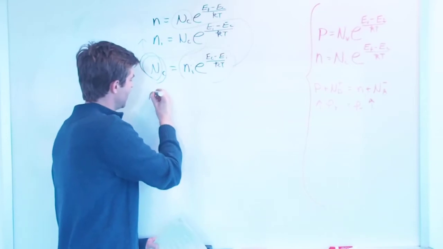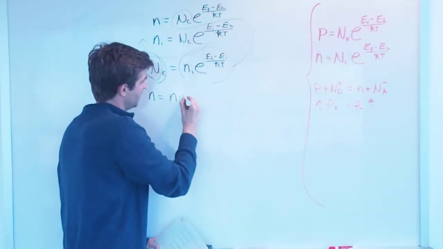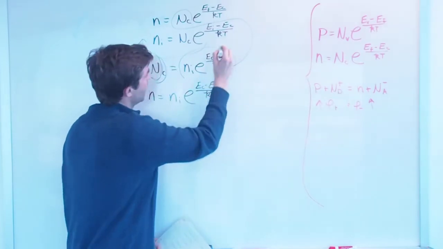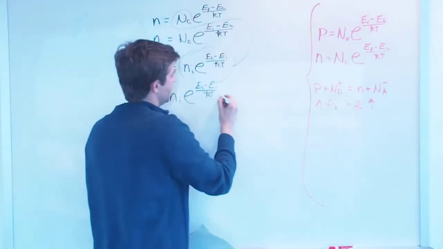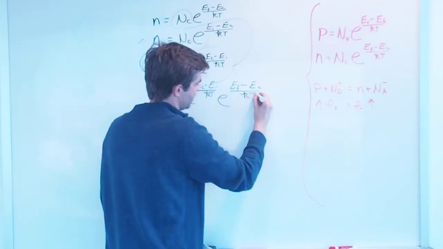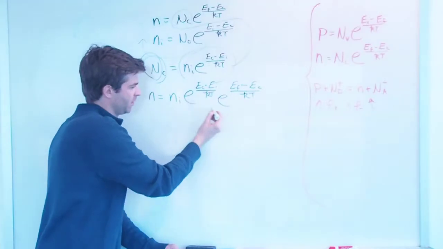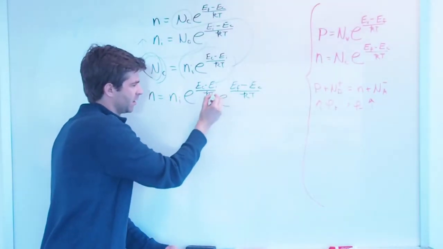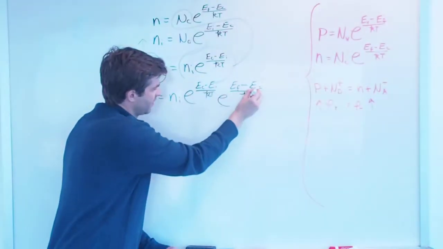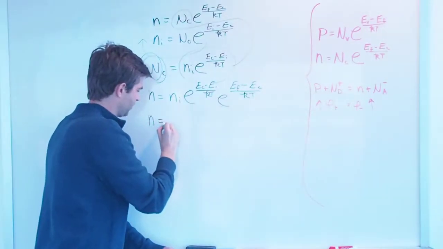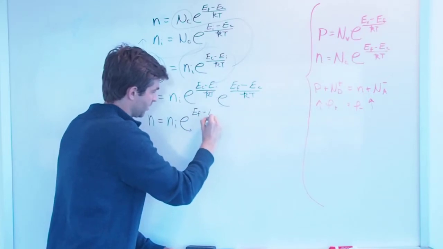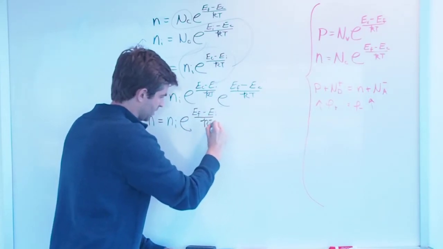So now my new n is equal to N_C, which is n_i e^((E_C - E_i)/kT), times this term here, e^((E_F - E_C)/kT). Now I can bring these two exponentials together in one exponential, and I see my E_C's cancel out, and I just have n equal to n_i e^((E_F - E_i)/kT).